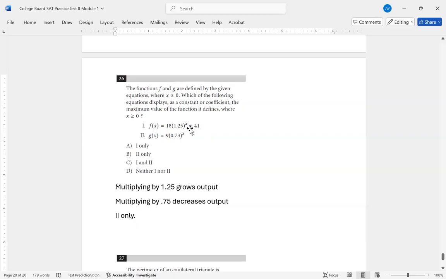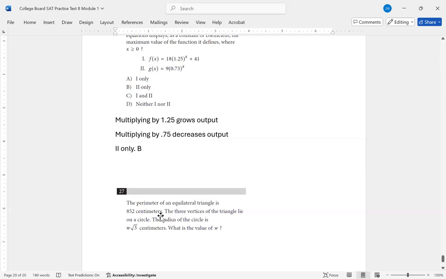And then as you increase x, you're going to get bigger and bigger and bigger numbers. And those bigger and bigger numbers are going to go off to infinity. We're going to have no maximum value for the function as x grows. So 2 only, which is option B, is the answer to question 26.